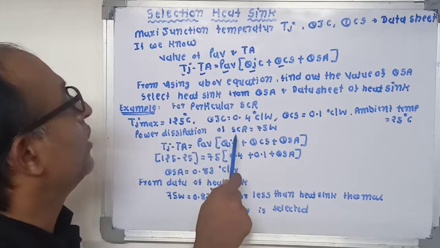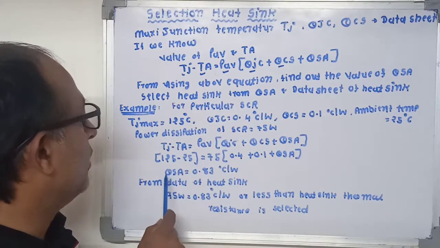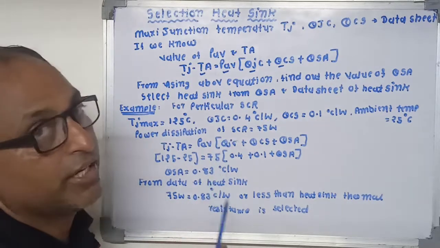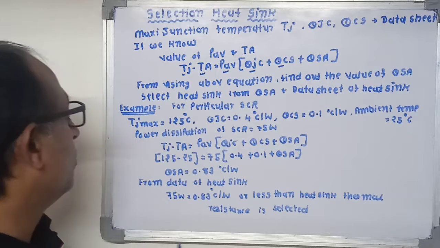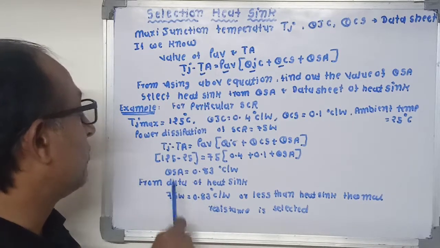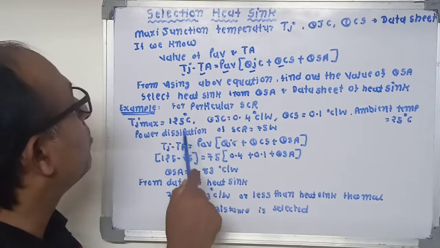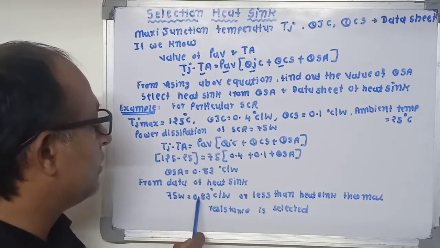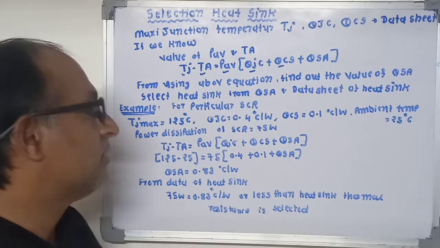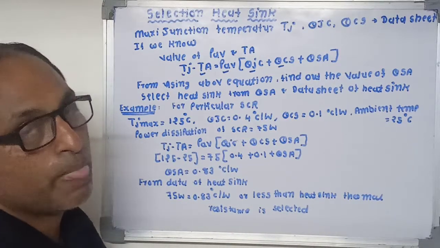Now just put the values in this equation. So you will get the value of theta Sa equal to 0.83 degree centigrade per watt. So now from the data sheet of heat sinks, you can say that for a 75 watt SCR, a heat sink with thermal resistance of 0.83 degree centigrade per watt or less is selected.